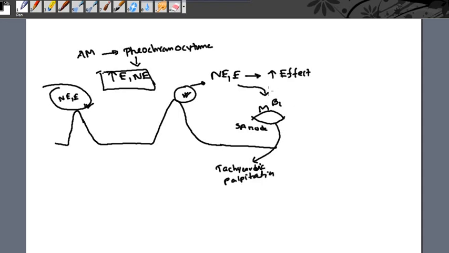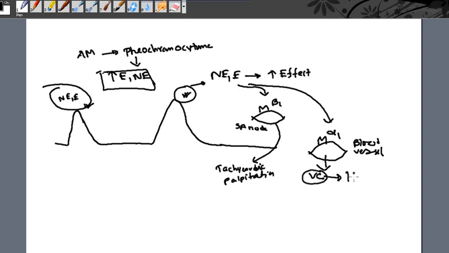When norepinephrine and epinephrine stimulate the alpha 1 receptor in the blood vessel, especially in arterial smooth muscle, there will be vasoconstriction. When there is vasoconstriction, there is an increase in total peripheral resistance, and this leads to hypertension.